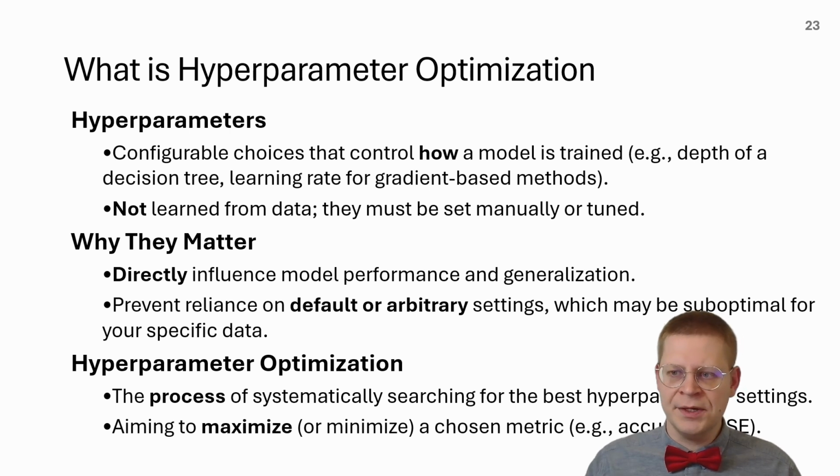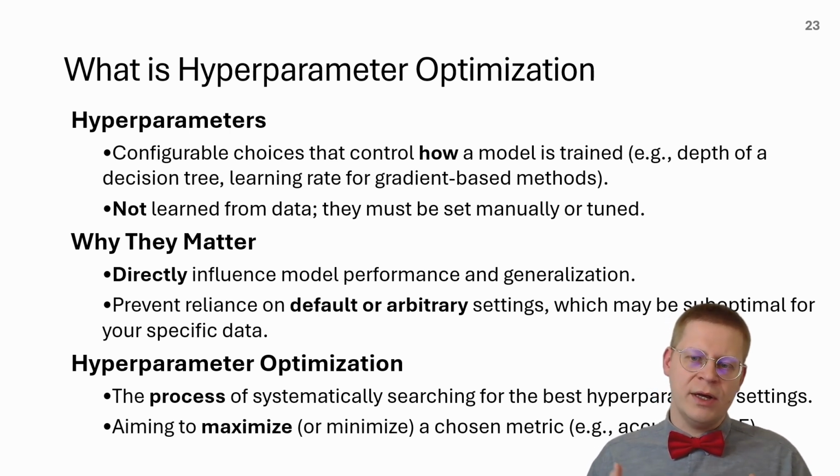Unlike the learned weights in a neural network, these hyperparameters aren't discovered automatically during training. They must be chosen manually or via a search process. This matters because different hyperparameter values can drastically change our model's performance. For example, an overly large max depth in a decision tree might cause overfitting, while a too shallow tree might underfit.